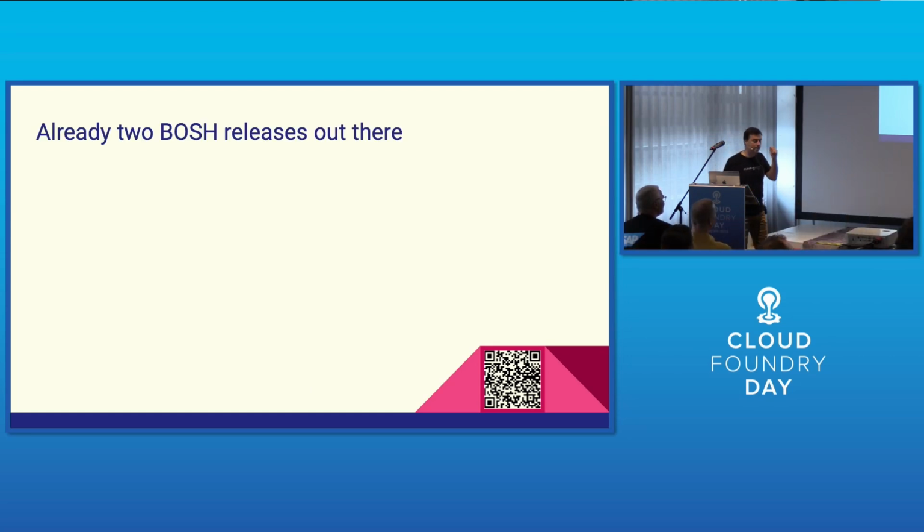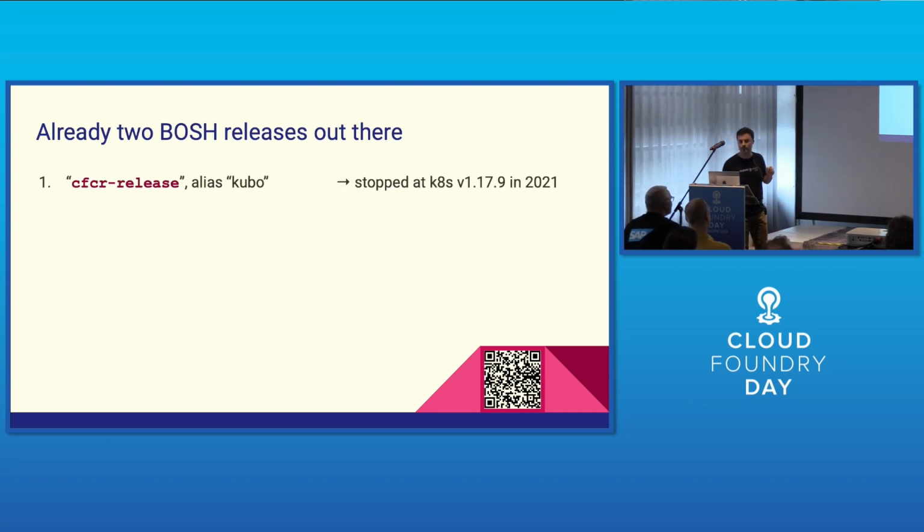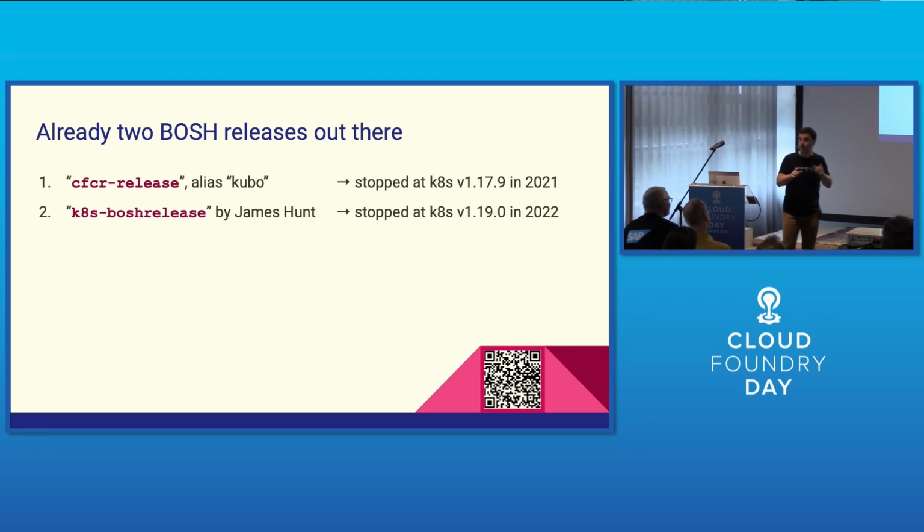The story about deploying Kubernetes with Bosh is that there were two attempts before. The very famous CFCR release, alias Kubo, for Kubernetes and Bosh, but it stopped in 2021 at version 1.17. And the Kate's Bosh release, a nice one by James Hunt, but it stopped a year later at version 1.19.